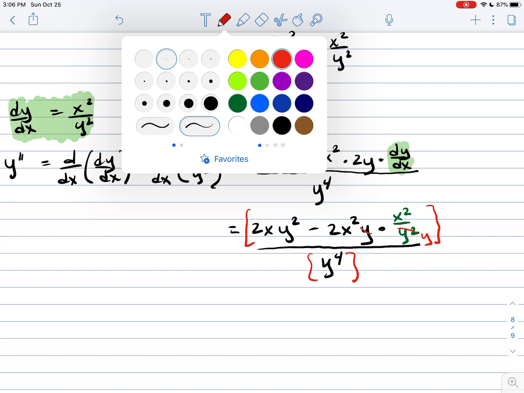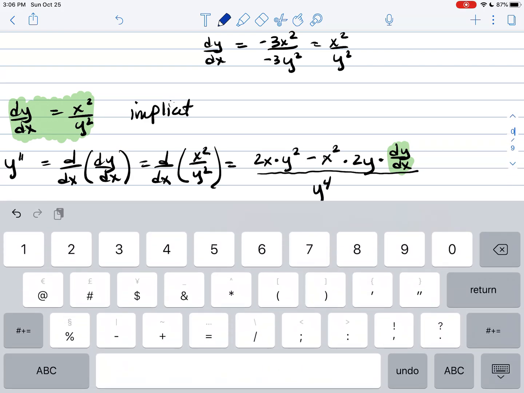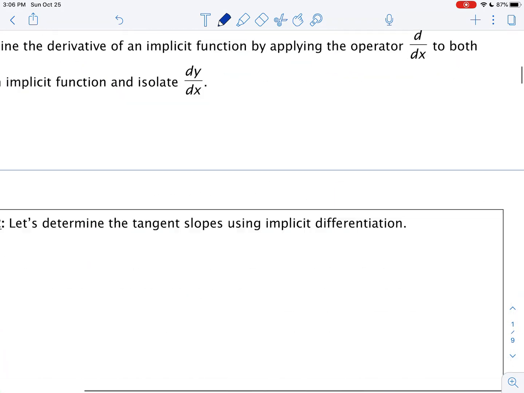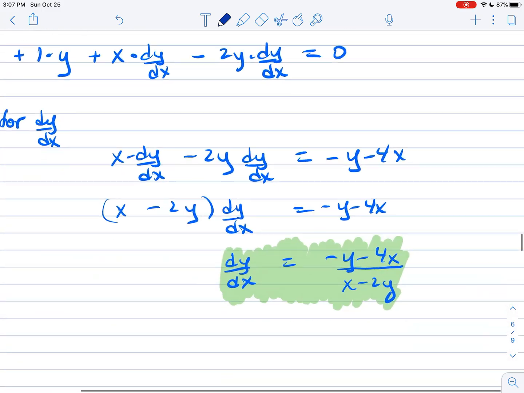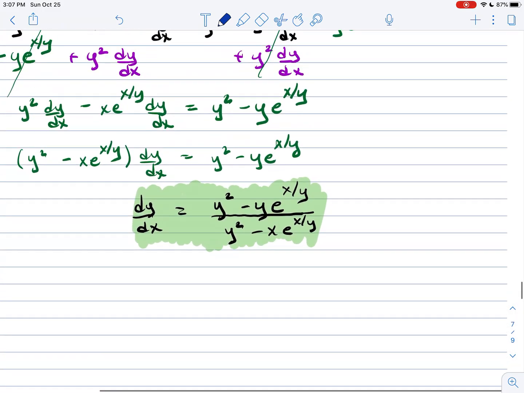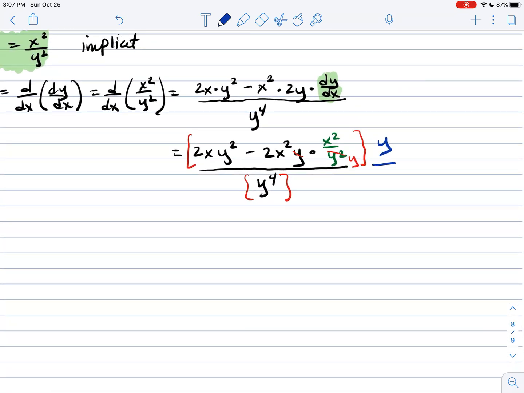And normally in that case, I'm going to multiply on the top and bottom by the lowest common denominator, which here is y over y. Sorry about that, I clicked on something and it went over. So y divided by y.